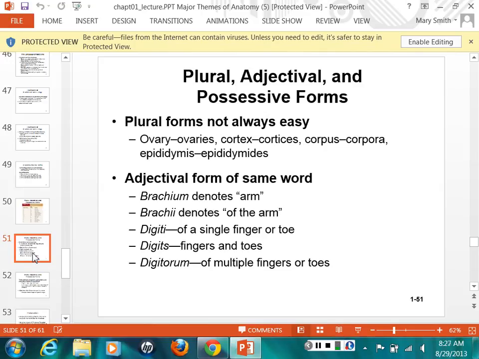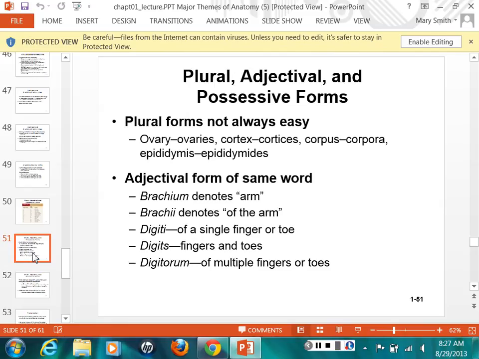Okay. Leslie, well, someone, Jasmine's not here, is she? Okay. So, someone read that second paragraph where it says, in some cases, what appears to be the beginner, on page 21 under plural, adjectival, and possessive forms.